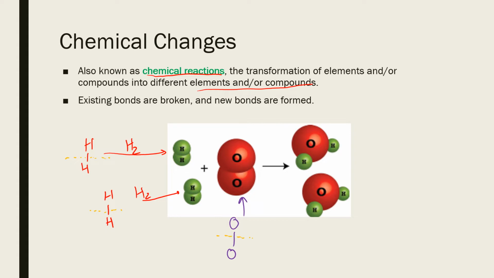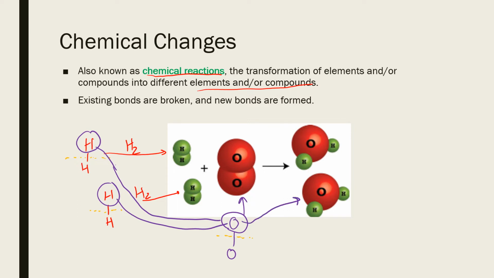After the bonds are broken, two of the hydrogen atoms and one oxygen atom combine to form water, which is H2O or HOH. And in water we know that a bond between hydrogen and oxygen is formed.